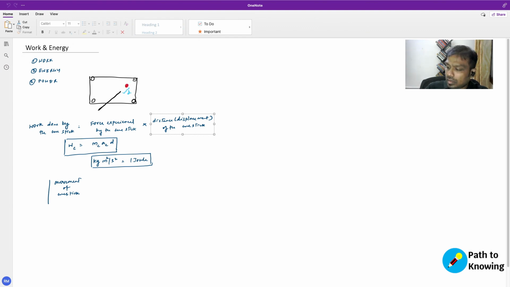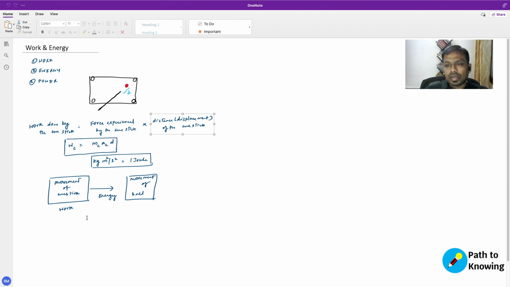Movement of the cue stick resulted in the movement of the ball, and movement of the cue stick is what we quantified as the work done by the cue stick, and by virtue of doing that work, the cue stick acquired that energy to result in the movement of the ball, right?